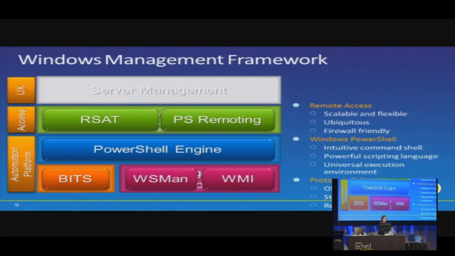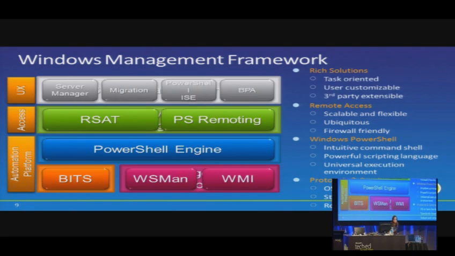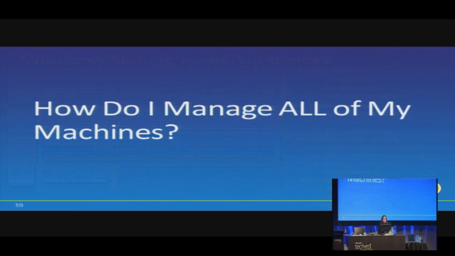So we have this whole set of server management solutions, including Server Manager, Server Migration, Best Practices Analyzer, and the PowerShell ISE. These are solutions that are oriented to specific tasks that you have to perform. They are extensible by third parties. So for instance, Server Manager, which we'll look at in a minute, is built on top of MMC. So you can do third-party extensibility there.